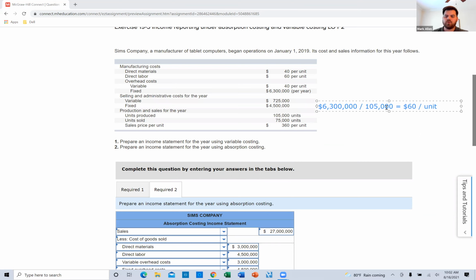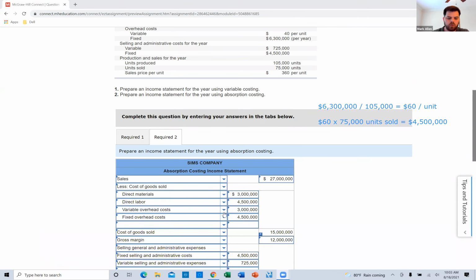Now, once we have that rate, we simply take that rate of $60 times the number of units that were actually sold, and that gives us $4,500,000. So this is how we calculated the 4.5 million that you see below. This is where this 4.5 comes from. It's from this calculation here.